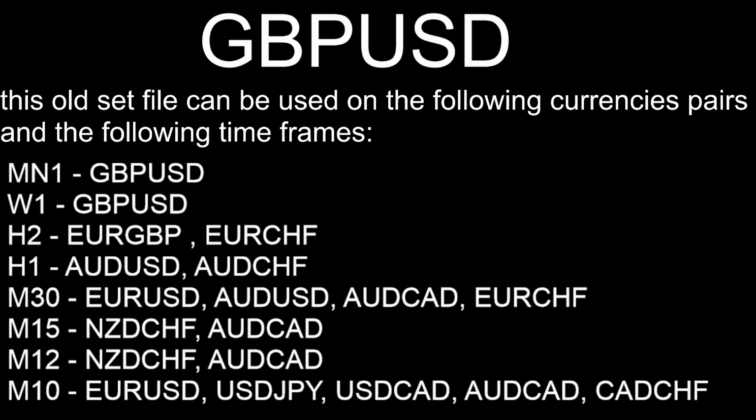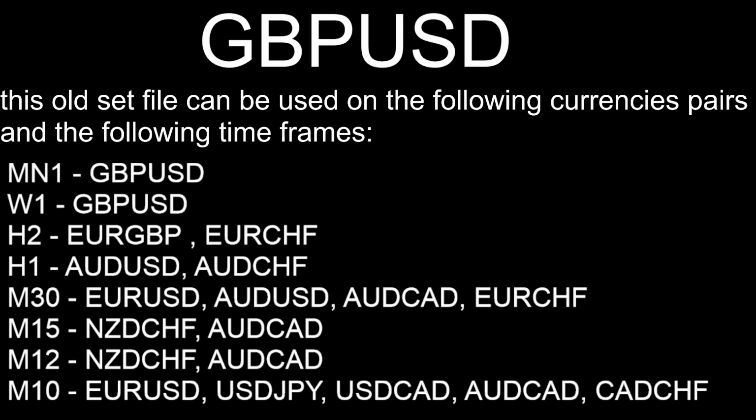As you can see here, this set is still valid on British Pound USD on the monthly and weekly time frames, and it also has pretty nice trades on these different currency pairs and time frames. But be aware, you must check.